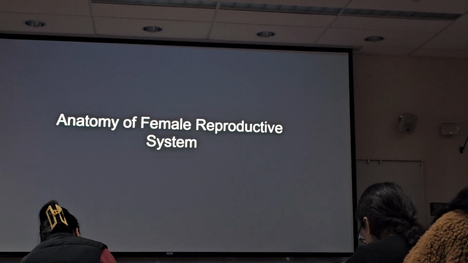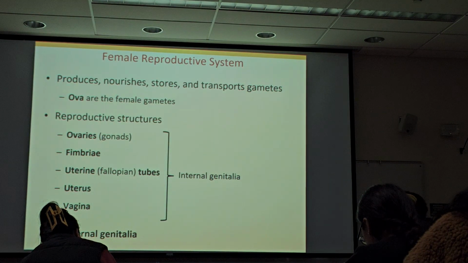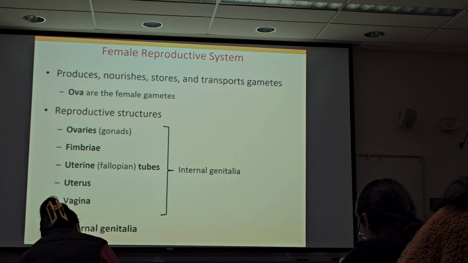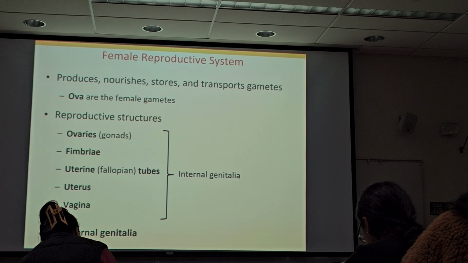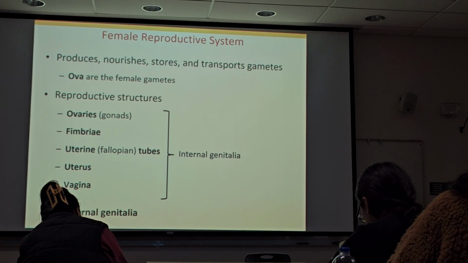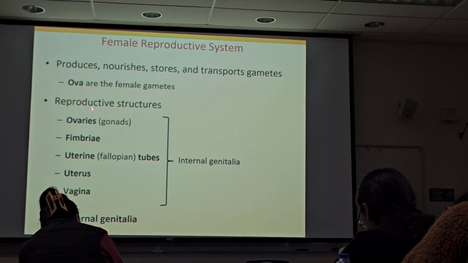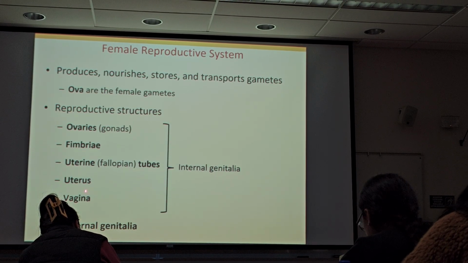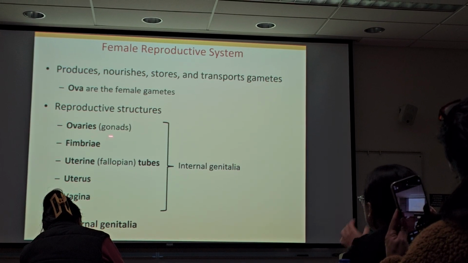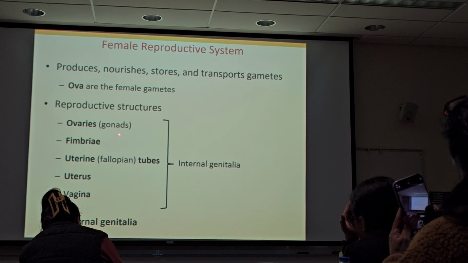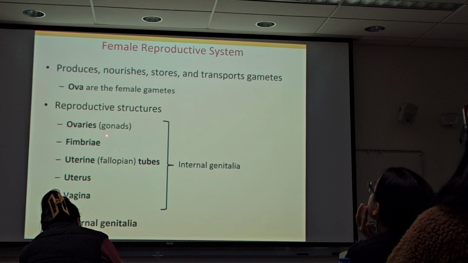Okay, so let's go through the female reproductive tract. The job here is to produce the ova, the eggs, take care of the eggs, store them, and then transport them through the female reproductive tract. The internal genitalia are the ovaries, the gonads, where the eggs are created.